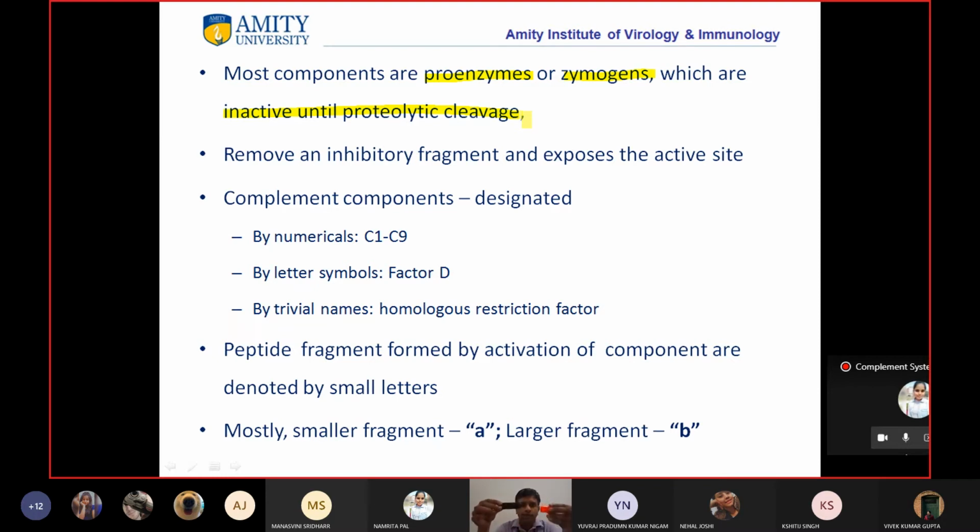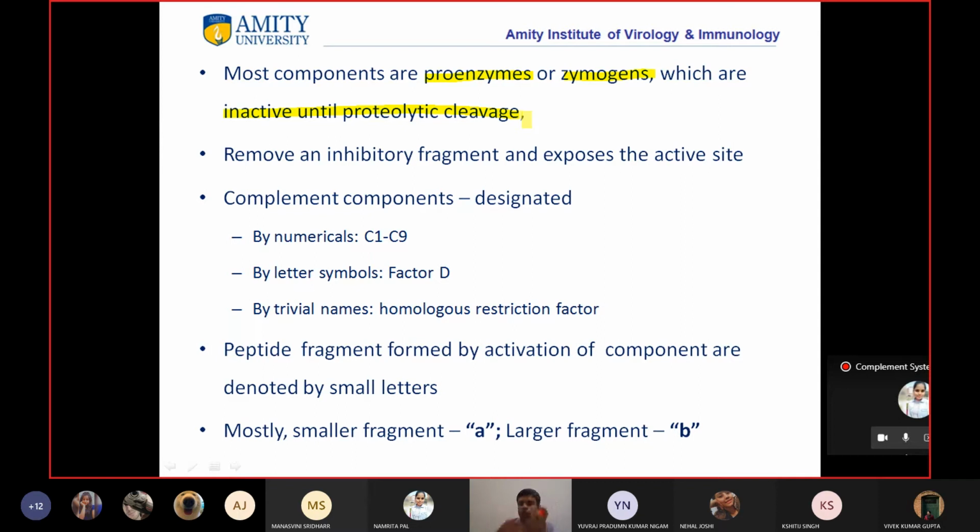And you can see what happened here. Two fragments are formed. One is the bigger fragment, another is the smaller fragment. Right? Clear? This is a proenzyme in its inactive form because the active site is hidden. Because of proteolytic cleavage, it will get broken down into two fragments, the bigger fragment and the smaller fragment, and that leads to exposure of the active site.